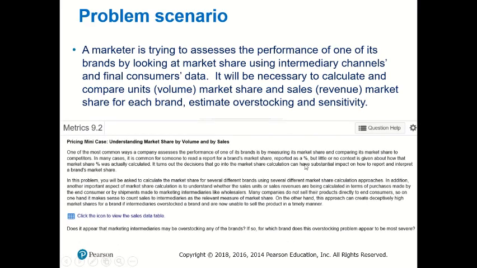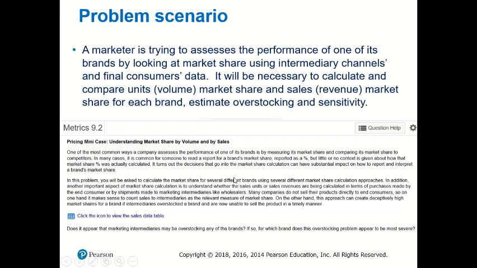So this is the description that you will find in this metrics exercise. It tells you the context of this company and why it is important to look at different market share metric calculations for decision making in business.